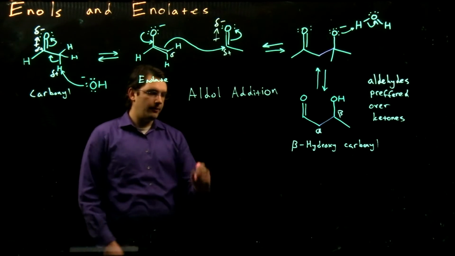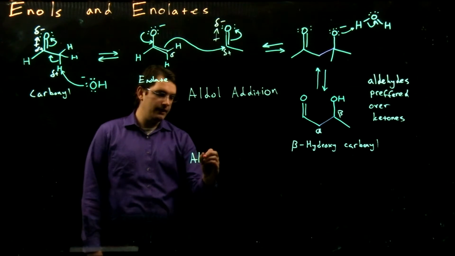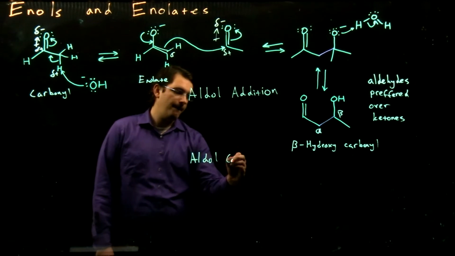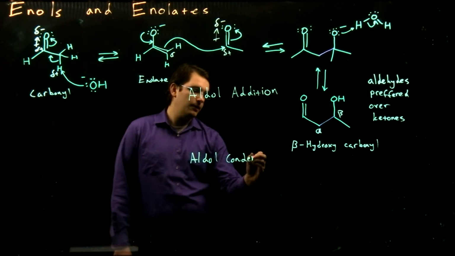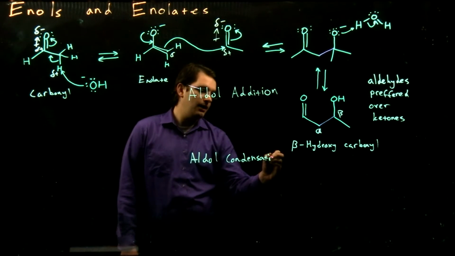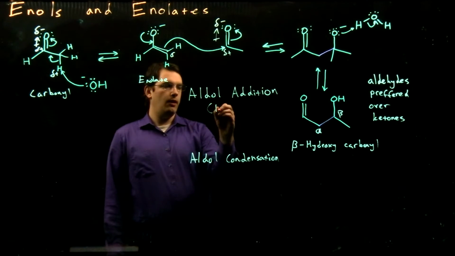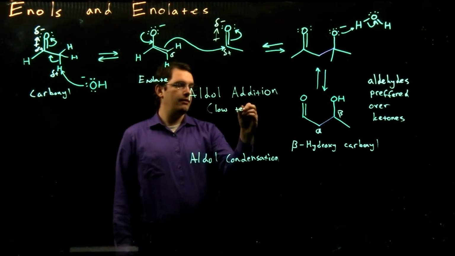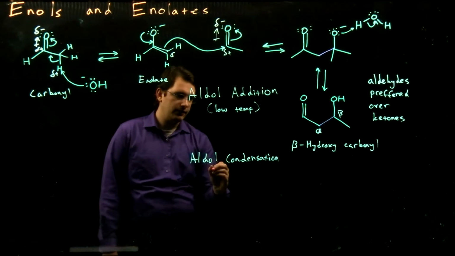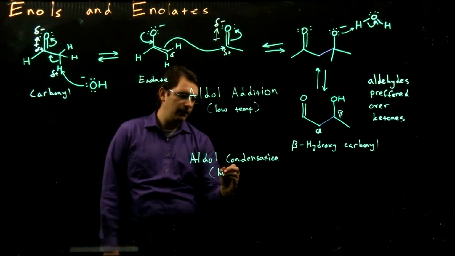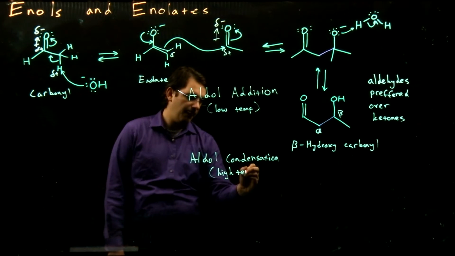We can continue with what we call an aldol condensation. And this will occur normally when we have high heat. So our aldol addition will often occur at lower temperature. Aldol condensation will occur at high temperature.